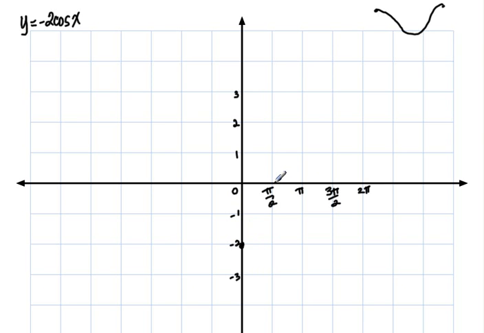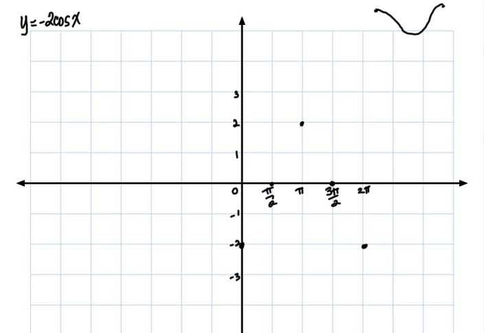Right, cosine of pi over 2 is 0, so we're going to have zeros at pi over 2 and 3 pi over 2. What about at pi? It was normally negative 1, but we're multiplying it by negative 2, so it's going to take us to 2. And at 2 pi, it was 1, so now that's going to take it to negative 2.